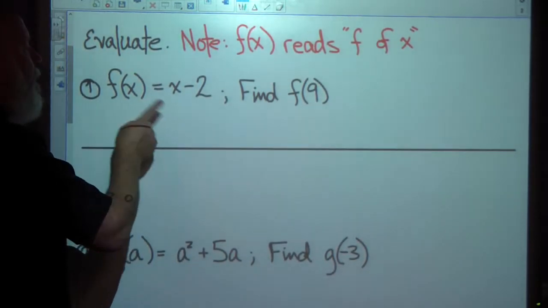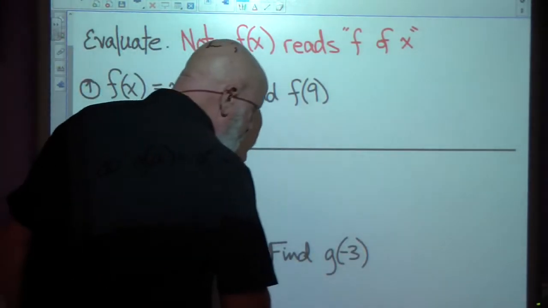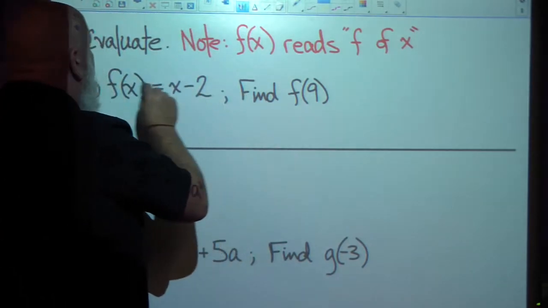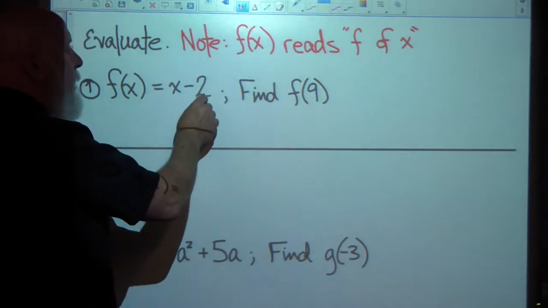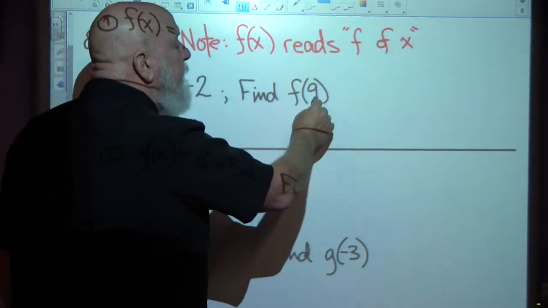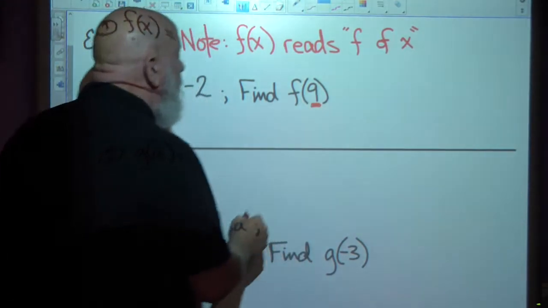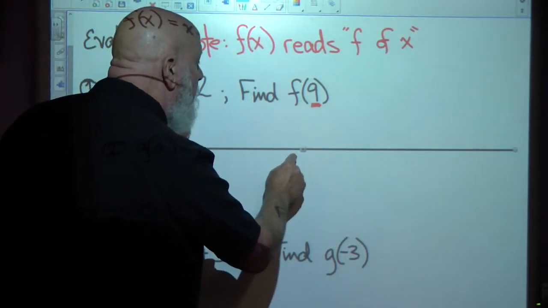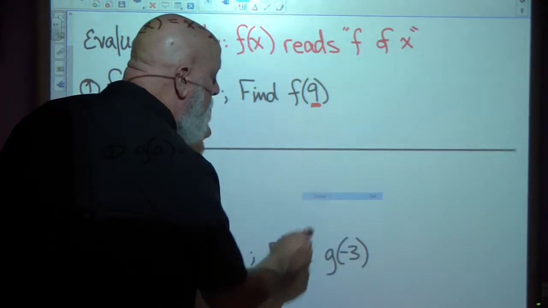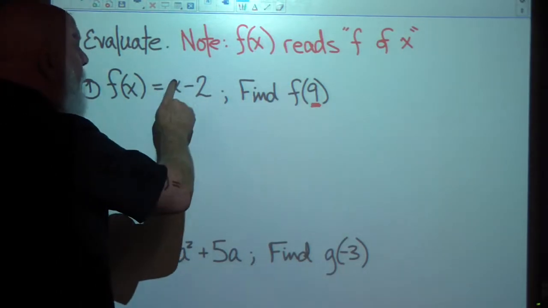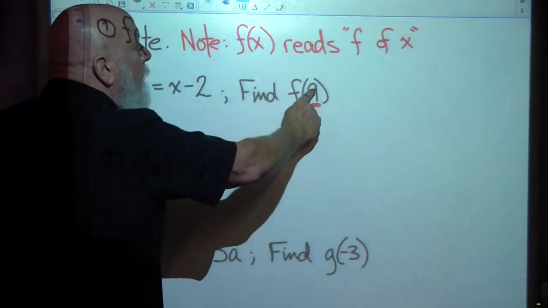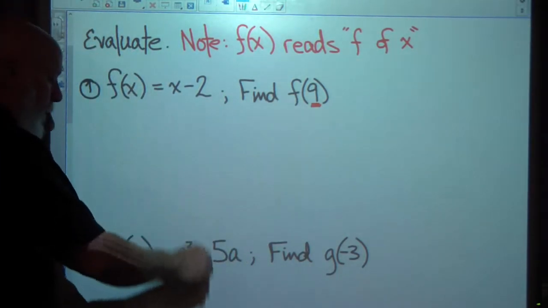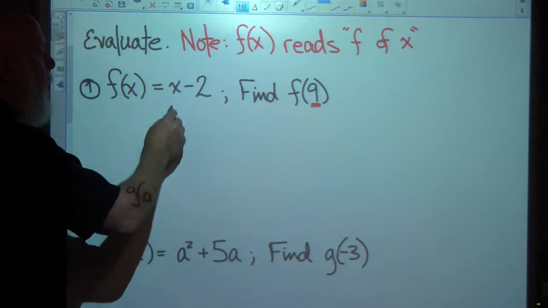We're going to evaluate these functions, and this is really pretty straightforward. We're given f of x is equal to x minus 2, and we want to find f of 9. All that means is we are going to plug in, for our domain value, a 9 right here and right here.